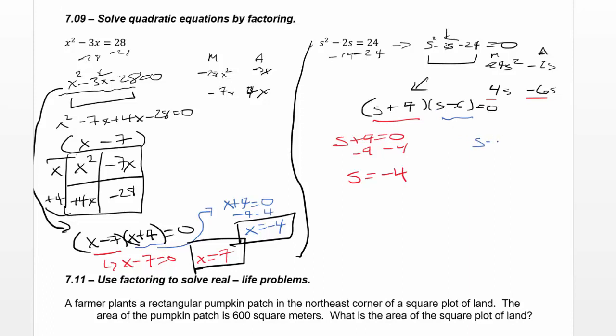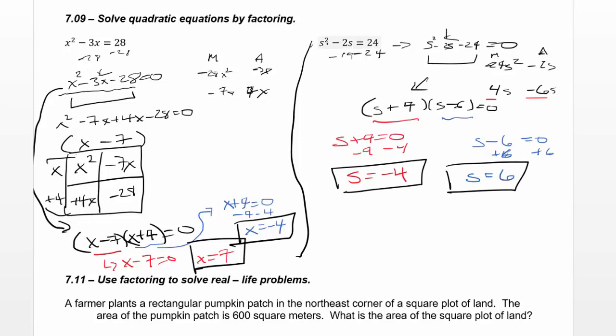And there's s minus 6 equals 0, or better yet, s equals 6. So the two solutions to this quadratic equation, s squared minus 2s equals 24, are s is negative 4 and s equals positive 6.